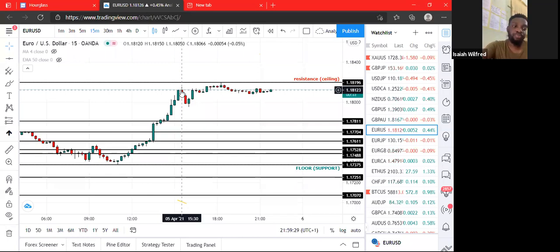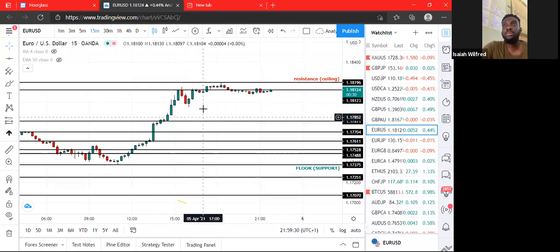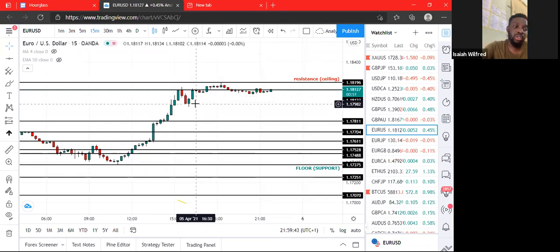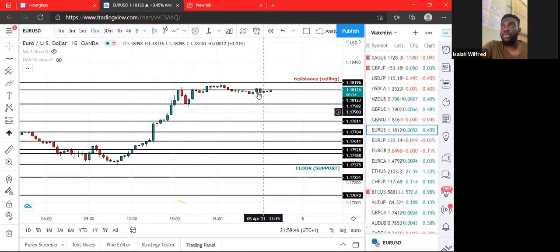So I can mark here again. And at the bottom here, where it dropped down and started buying again, it rejected that point. So I can still draw another horizontal line here, something like this.